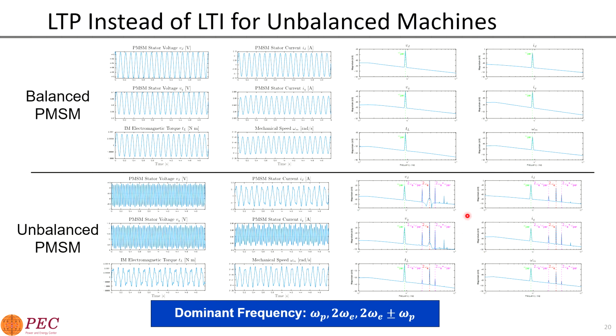And according to our observation, they are located at 2 times the electrical frequency and 2 times the electrical frequency plus or minus the perturbing frequency. So later, what we want to do is, for unbalanced cases, propose a more generalized framework or extraction method, and also generalize the impedance definition into a cross-frequency coupling impedance.